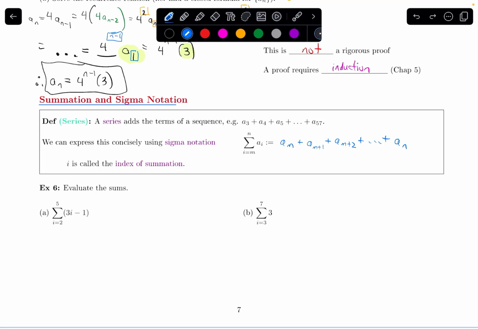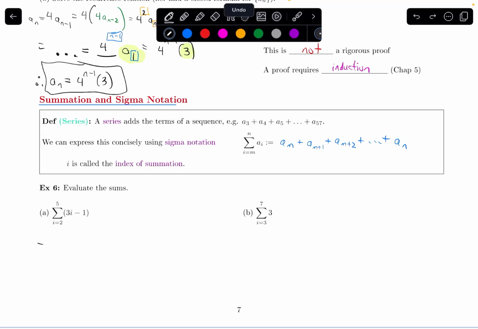So let's do a practice problem to get a feel for what this means. In part A, the way I read this is the sum from i equals 2 to 5 of 3i minus 1. First I plug in the value at the bottom for the i.